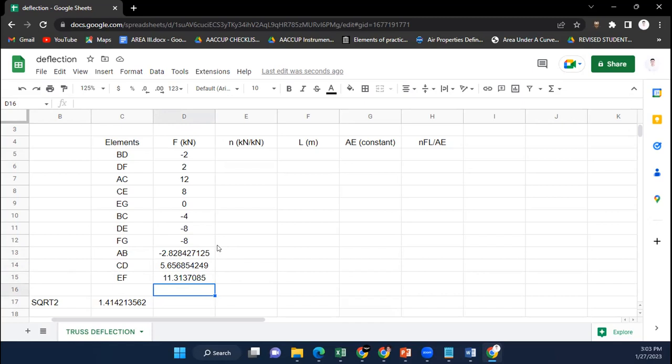Now, sa N naman, ang nakuha natin para sa BD is negative 2 over 3. And then our BC is 2/3. So negative 2 over 3. And sa G, meron tayong GE na 0. Okay, GE or EG 0. Tapos GF. FG na negative 1 over 3.